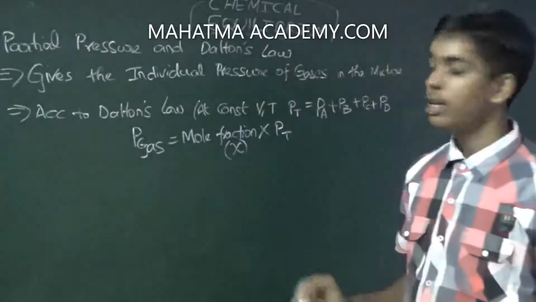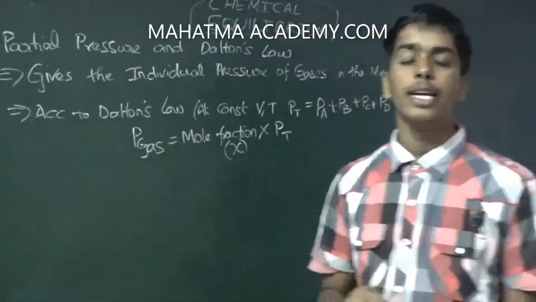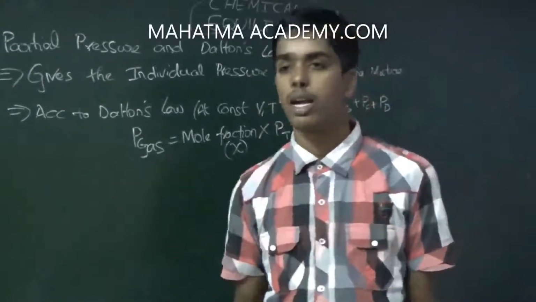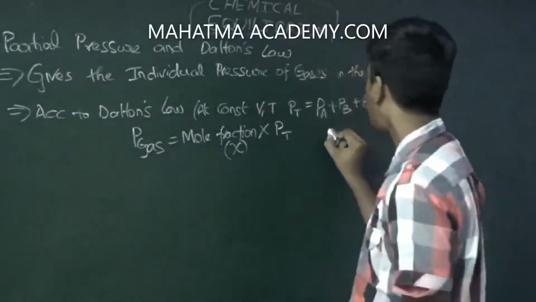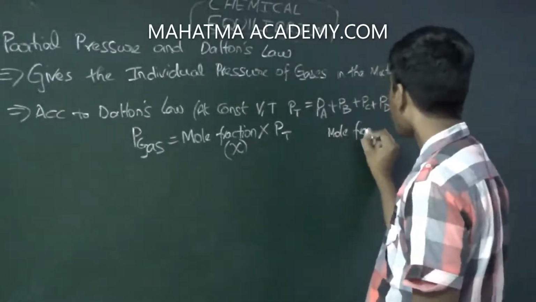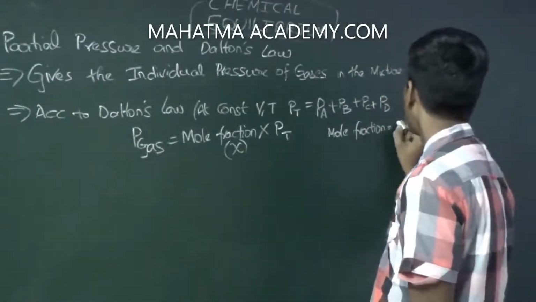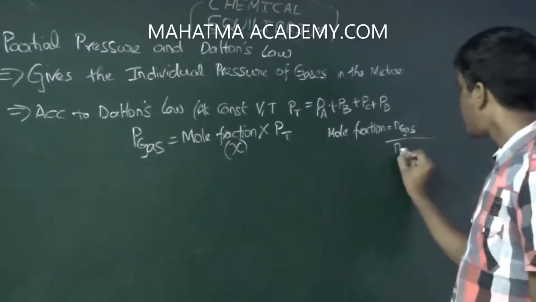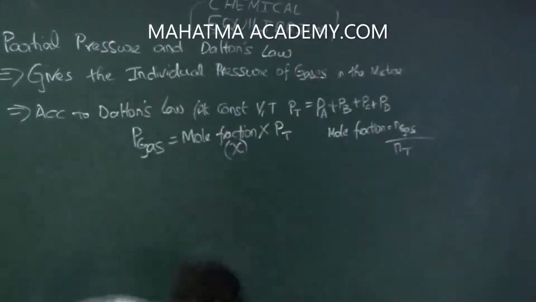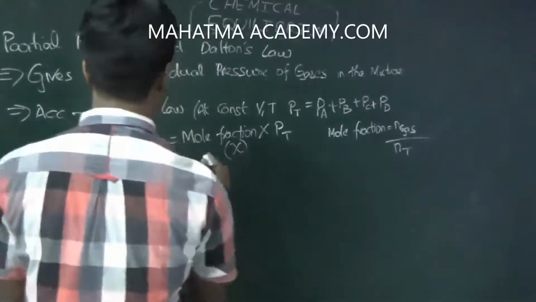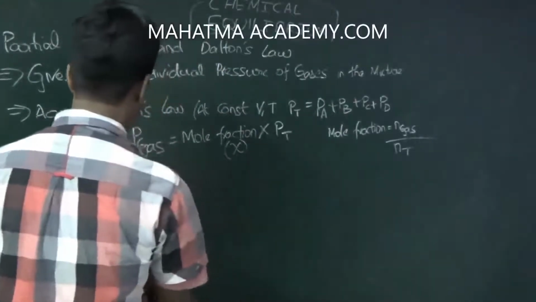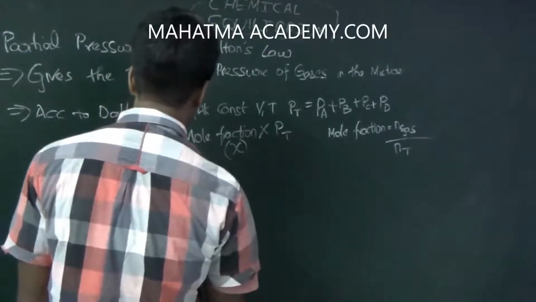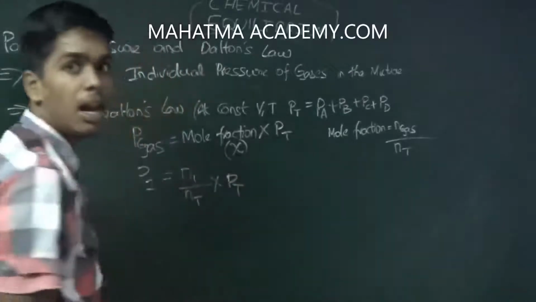Now we are going to discuss how the pressure of the gas is divided. As we know, mole fraction is equal to n of gas divided by n total. So for gas 1, P1 is n1 divided by n total into P total.